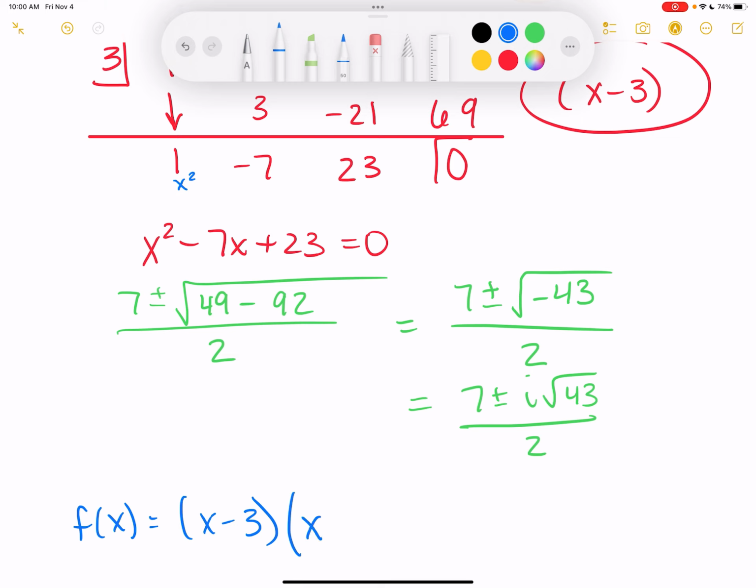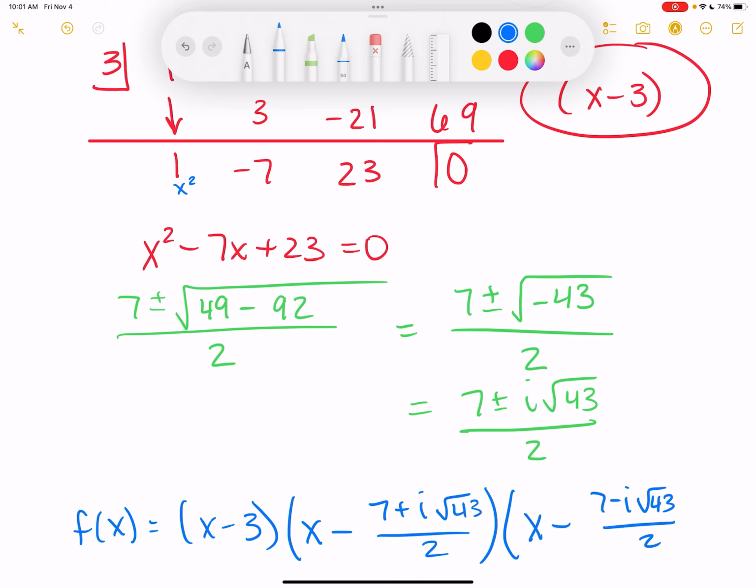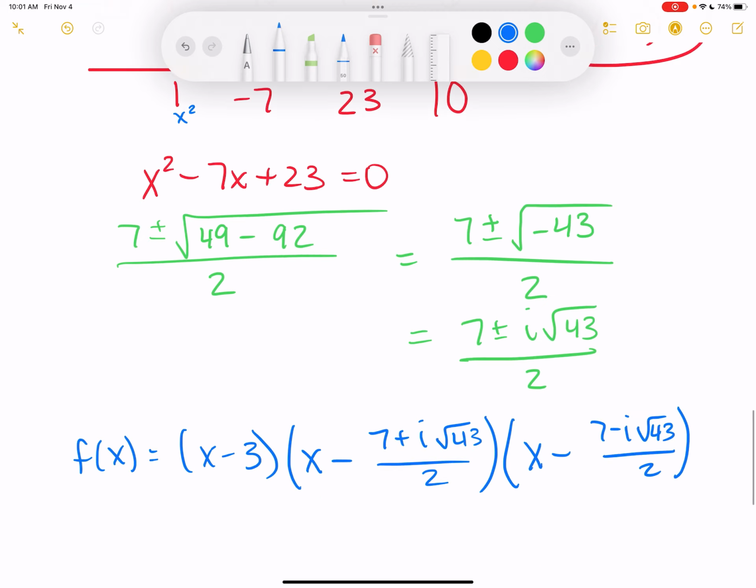Then x minus the whole thing, so minus 7 plus i root 43 over 2, and the other one is x minus 7 minus i root 43 over 2. That would be the linear factorization that it's asking you for. It's just to write it like that.